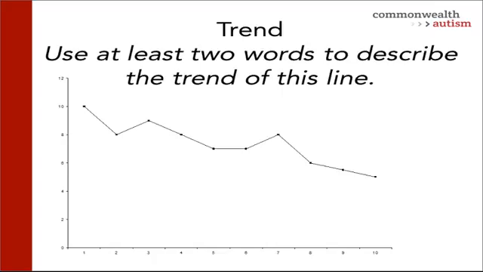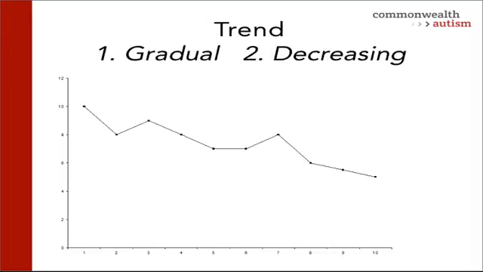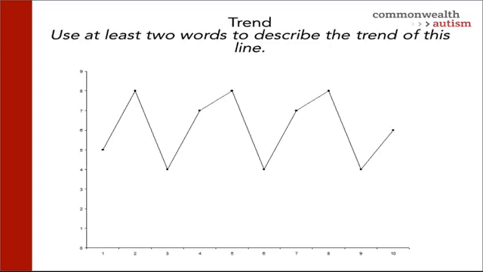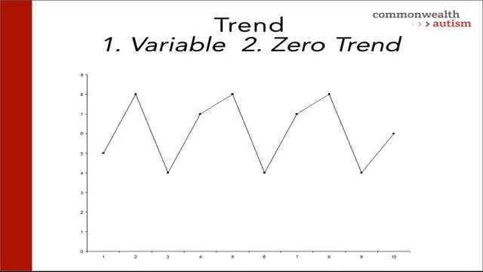Take a look at this line graph and use at least 2 words to describe the trend of this line. The trend is decreasing and it's doing so gradually. Let's try another one. Use at least 2 words to describe the trend of this line. For this one, there's zero trend, but our data points are extremely variable.